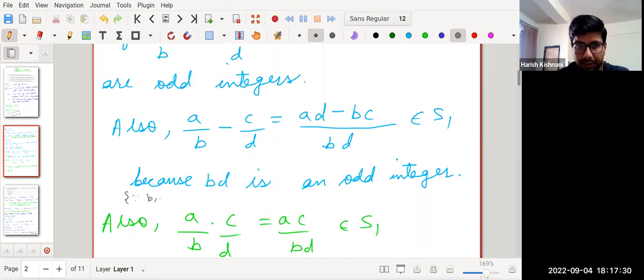I'm just restating it: since B and D are odd integers, therefore BD is also an odd integer.